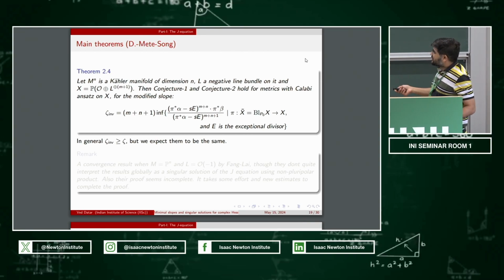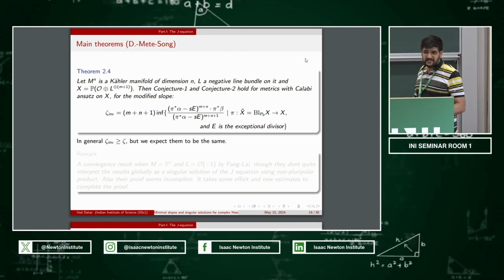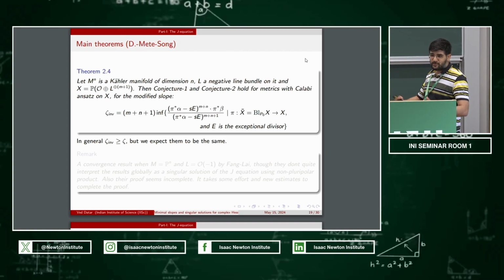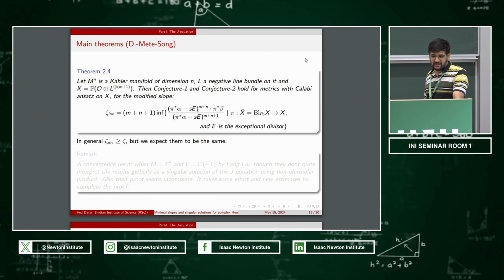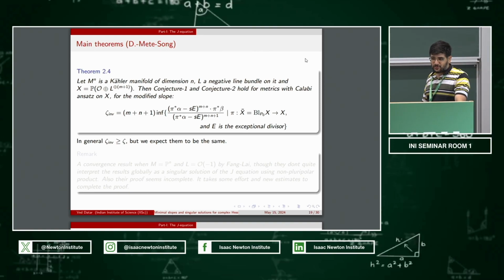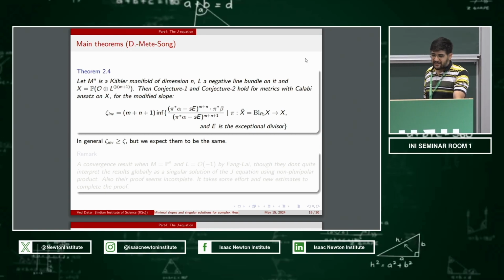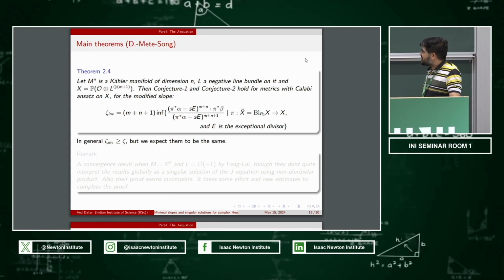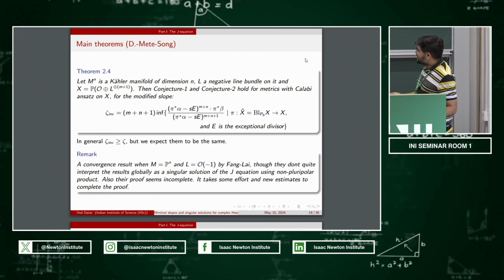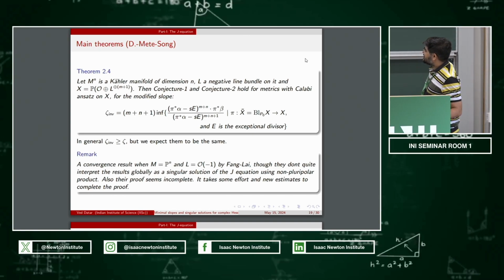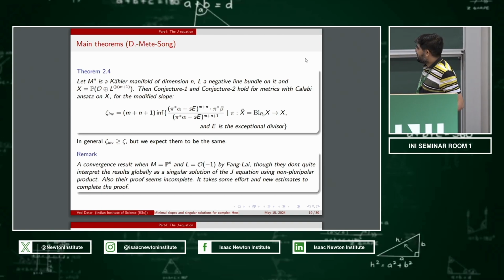Of course, in general, zeta invariant is obviously bigger than zeta, because for zeta you take the infimum over all possible modifications, but we actually expect them to be the same. I don't know what the proof is, but this seems like almost an algebraic fact, and we expect them to be the same, but I don't know how to prove this. Another remark is that the same sort of convergence result was obtained when M is Pn and these line bundles are O of -1 by Fang and Lai.